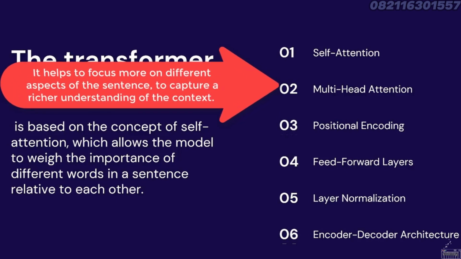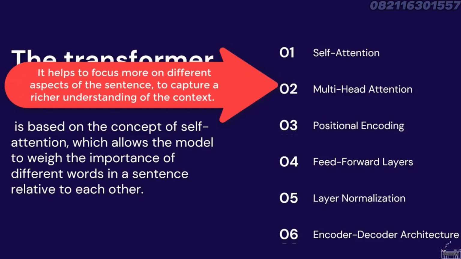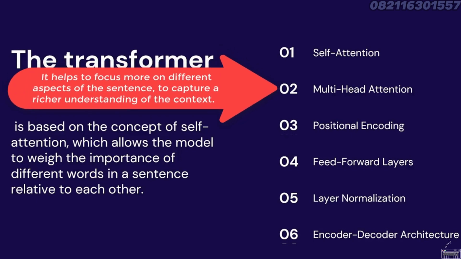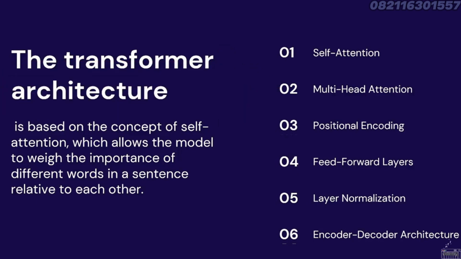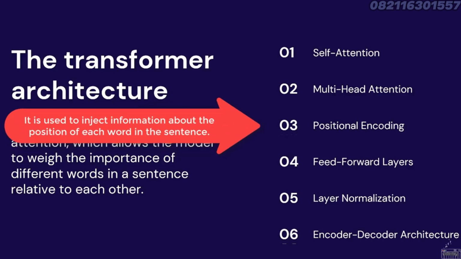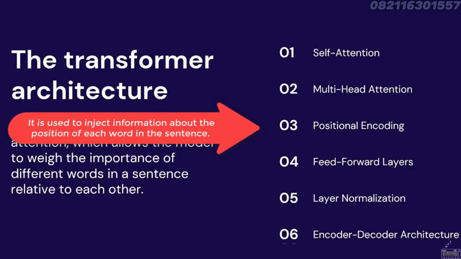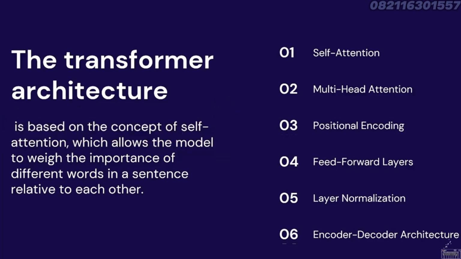This allows the model to capture a richer understanding of the context. Then we have positional encoding. The transformer architecture does not have any inherent sense of the word order, so positional encoding is used to inject information about the position of each word in the input sentence.